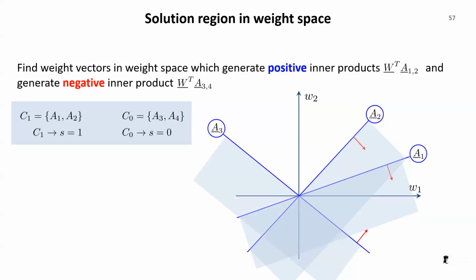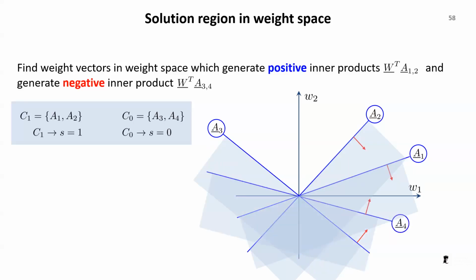However, if we look at point 3, the solution is on the opposite side from the one pointed to by the orientation. The orientation, remember, always points to the positive inner product. Since for point A3 we want the negative inner product, the solution, the shaded region, is on the opposite side.